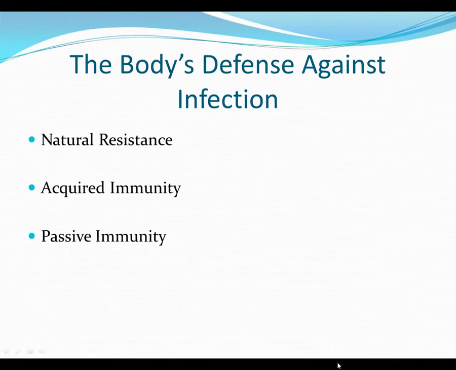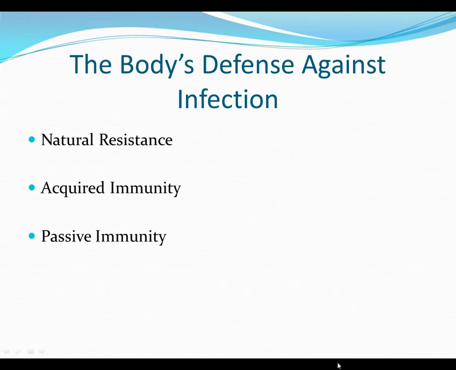Our bodies actually have their own ways of fighting off infection. There's 3 different ways. Our bodies have a natural resistance, which means we have a natural way of keeping our bodies from developing infections. One of those is that our skin's intact. We have membranes in our nose and nostril hair in our nose to hopefully keep out any airborne particles.